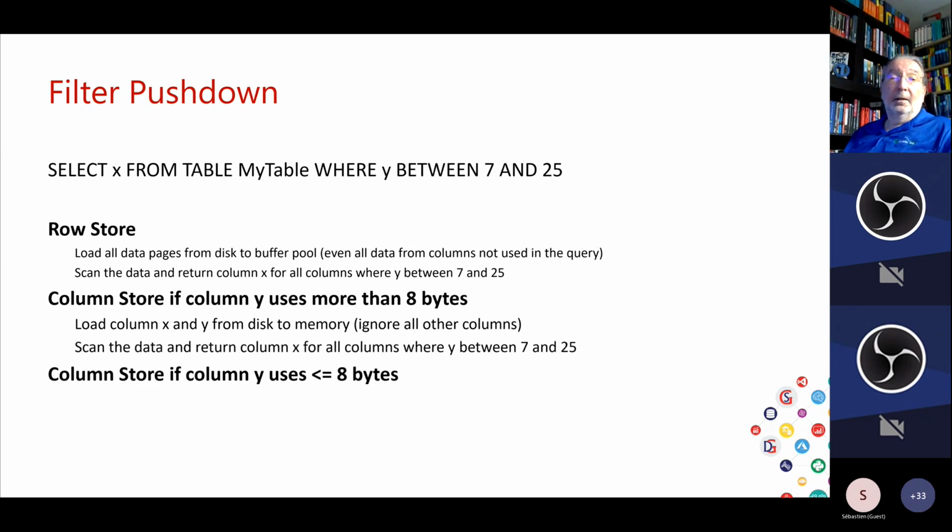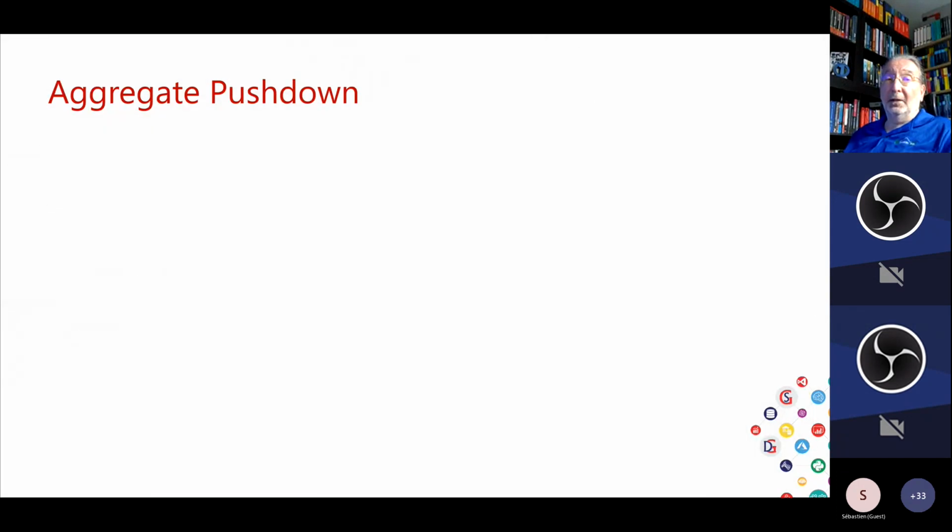So the same as filter pushdown, you can do aggregate pushdown, which is even more efficient. Often you have simple aggregates like sum, average, min, max.